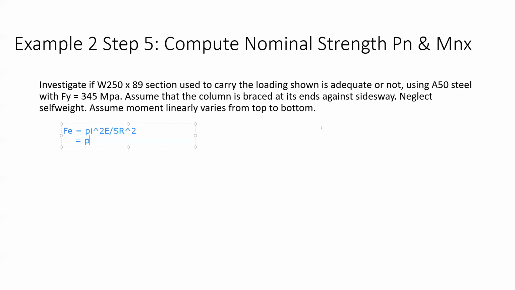So this is simply pi squared times 200,000 over the slenderness ratio that we solved, 153.139, squared.